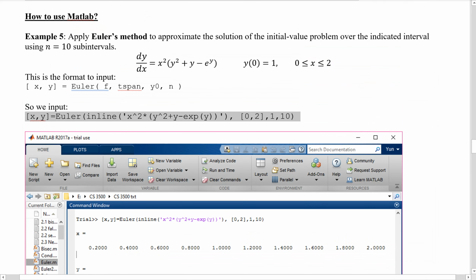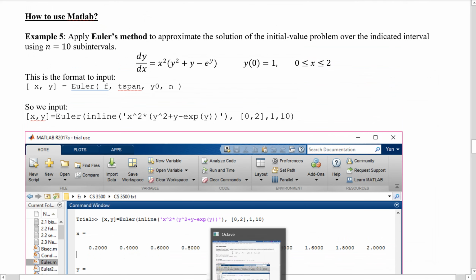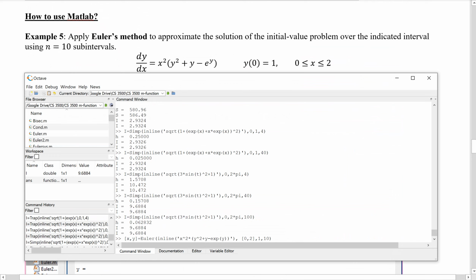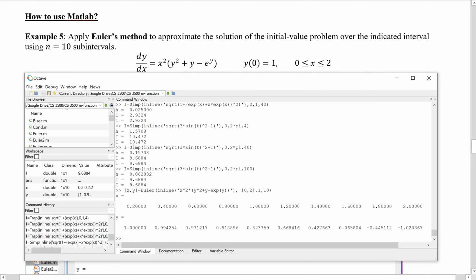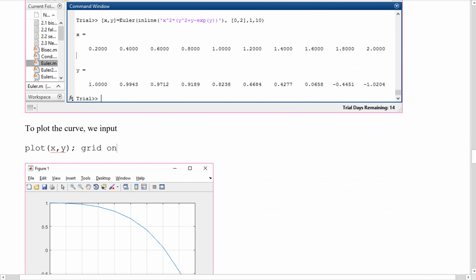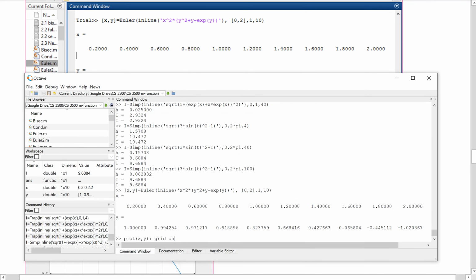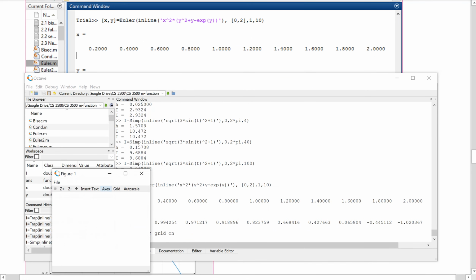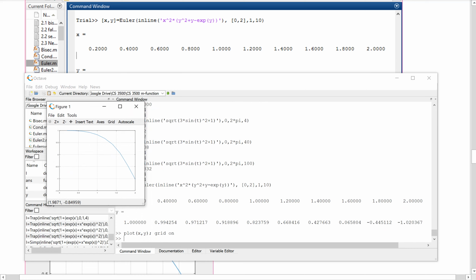See, e to the y is exp of y. The interval is from 0 to 2, and the initial y value is 1. And then we have 10 subintervals, and we get 10 points. If we want to plot the points, we can input plot x, y with grid on. See? We get the graph. This small graph, I can make it bigger.